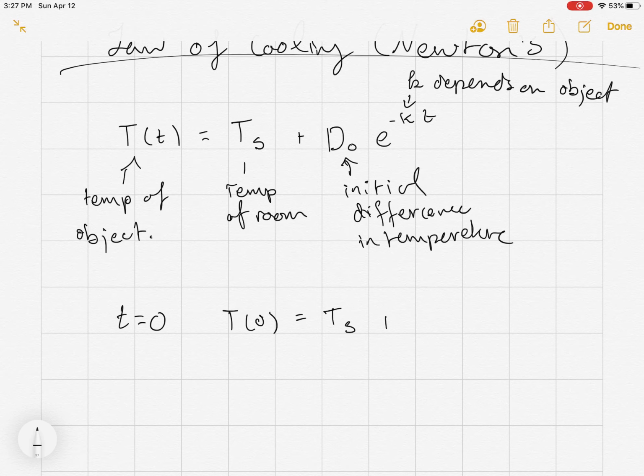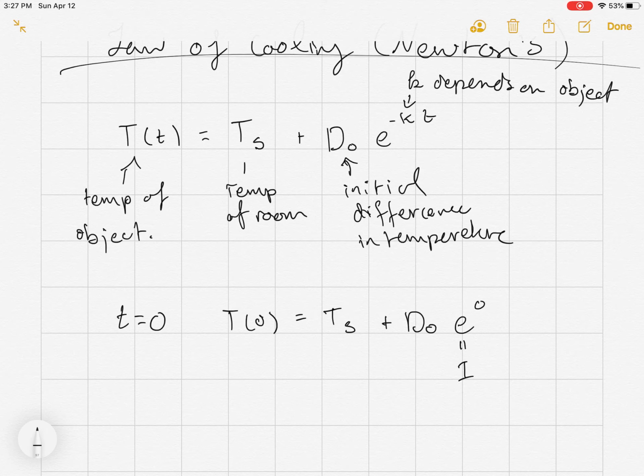Then that's going to be equal to Ts plus D0 times e to the power of 0. E to the power of 0, just like anything else, will leave us with just a 1 there. And so our whole T of 0 is just the temperature of the room, plus the initial difference in the temperature between the object and the room, which is just the temperature of the object.